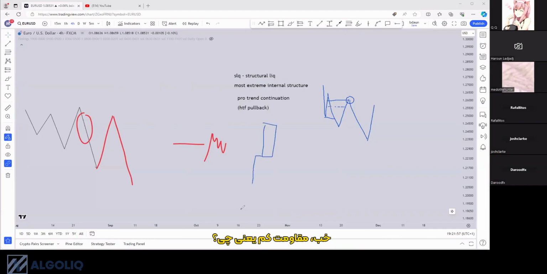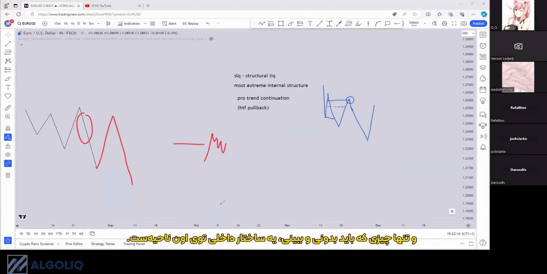What is low resistance? For example, you have a trend line, or you have liquidity like this, or you have some sort of huge FVG move without any structure on the left that can rebalance and push price higher. Then we know this high is safe, and all you need to see is an internal structure inside.